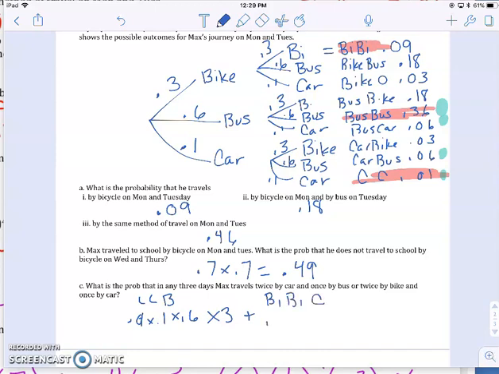That's 0.3 times 0.3 times car, 0.1, but we could rearrange that and there would be 3 of that. By rearranging, I mean you could do car, bike, bike, or bike, car, bike. So if we multiply these together, 0.1 times 0.1 times 0.6 times 3 plus 0.3 times 0.3 times 0.1 times 3, we get 0.045.